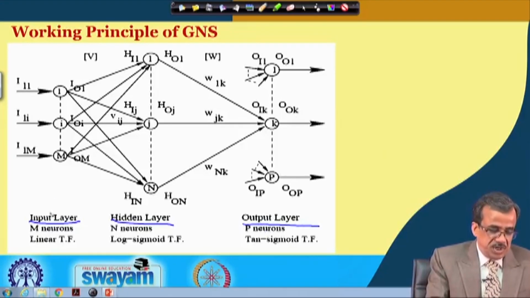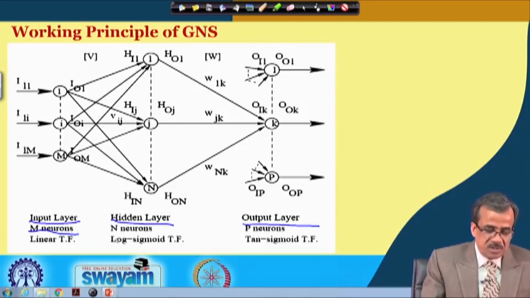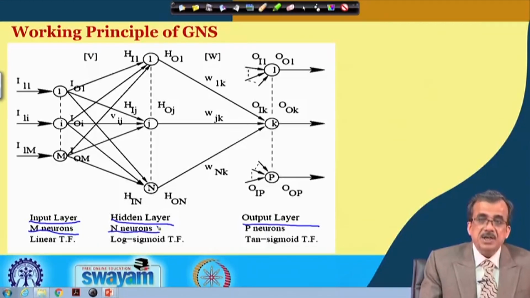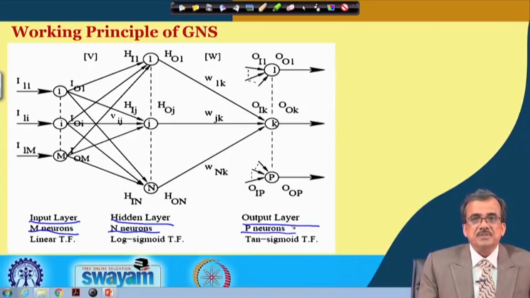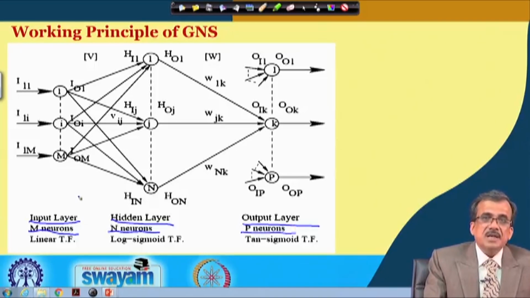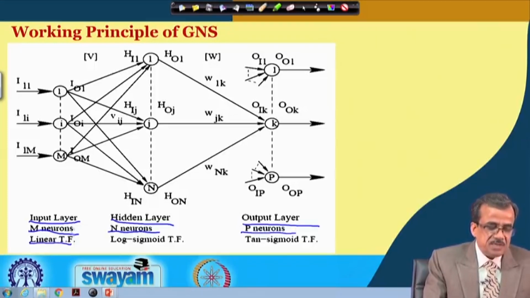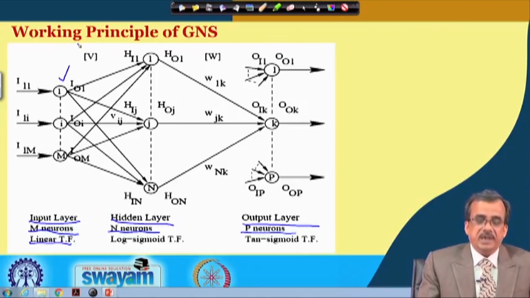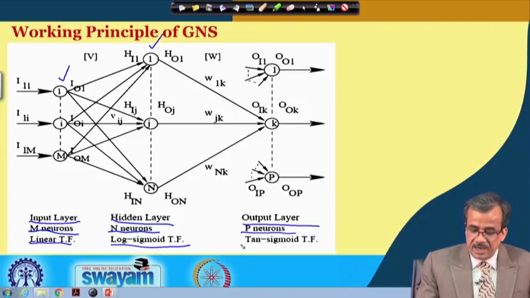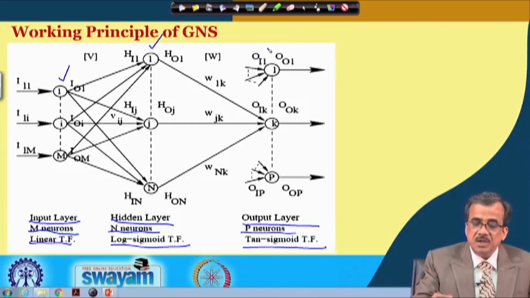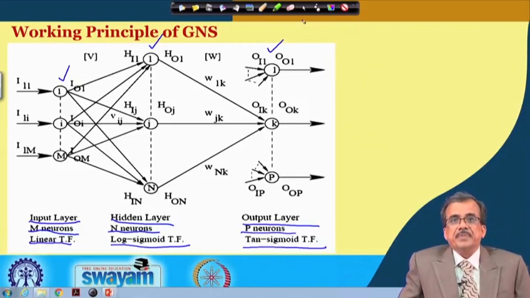The input layer has m neurons, the hidden layer has n neurons and the output layer has p neurons. And let me use the linear transfer function on the input layer, the log sigmoid transfer function on the hidden layer and the tan sigmoid transfer function on the output layer.